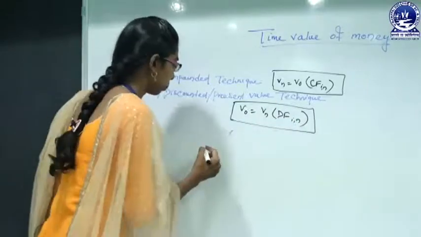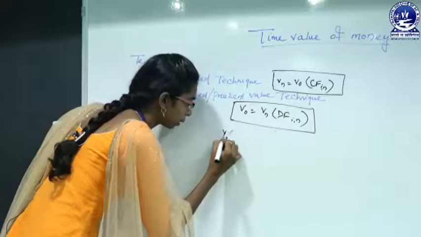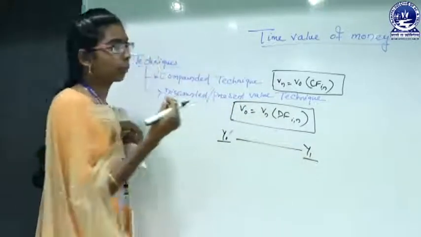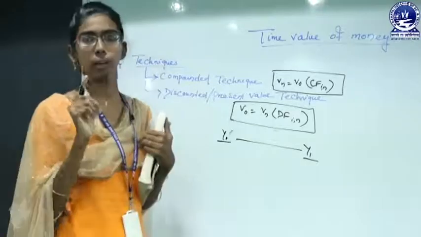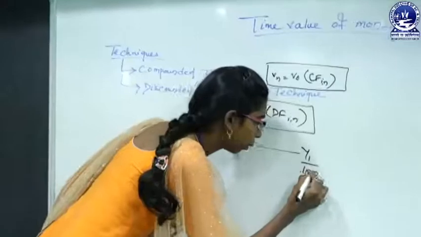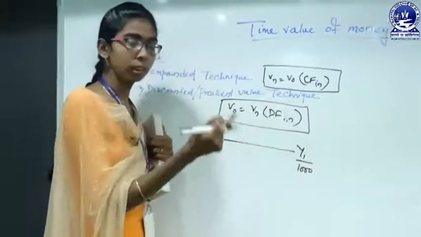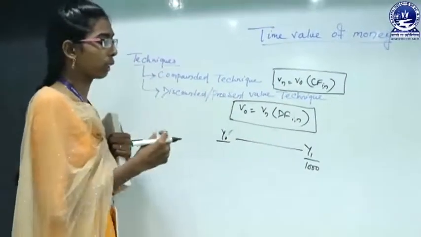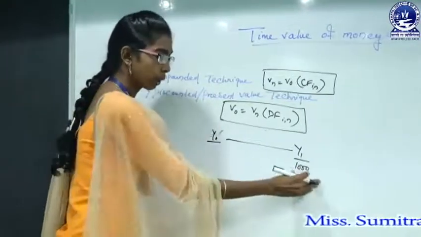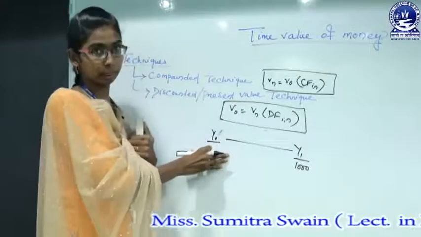For example, if this is the present date and this is after 1 year, I am saying that I am going to get 1000 rupees after 1 year. So I can calculate what that 1000 rupees is worth on the present date.